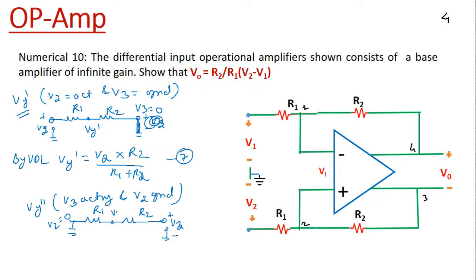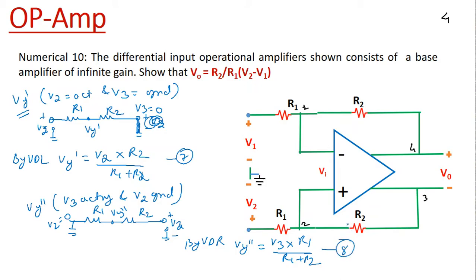Now this is Vy double dash. So again by voltage divider rule, Vy double dash is equal to total voltage, that is V3, into that resistance in which Vy double dash is existing, that is R1, divided by R1 plus R2. So this is our equation number 8.